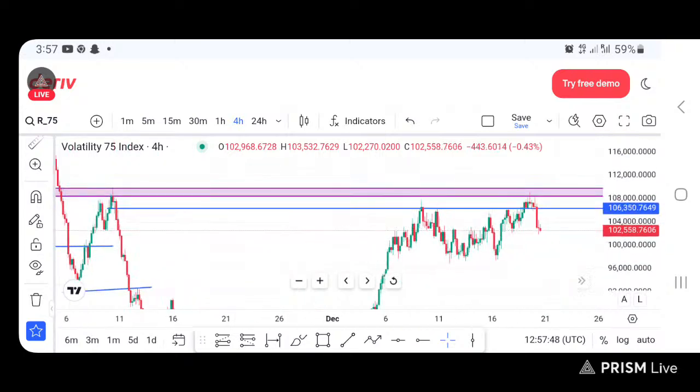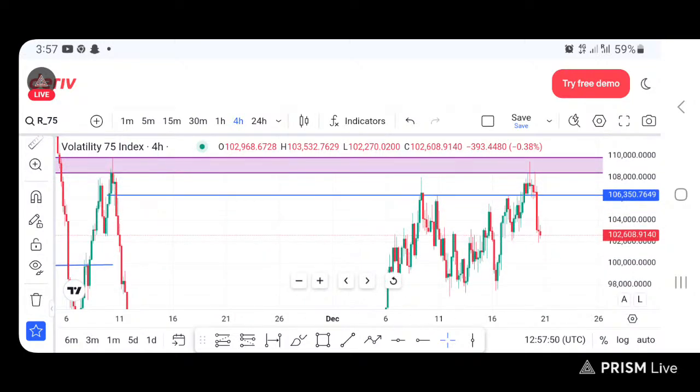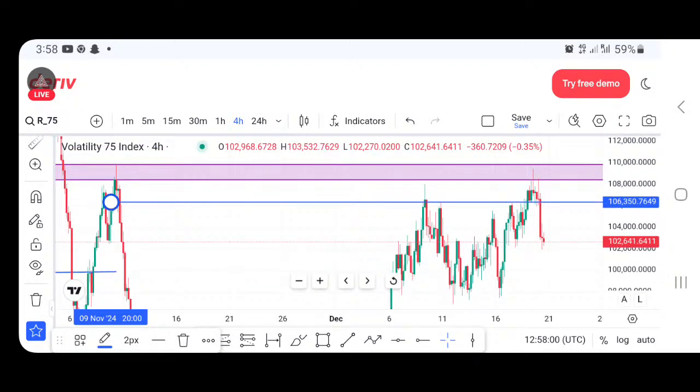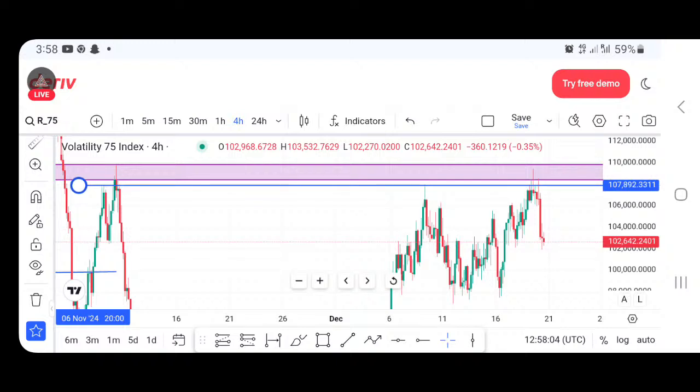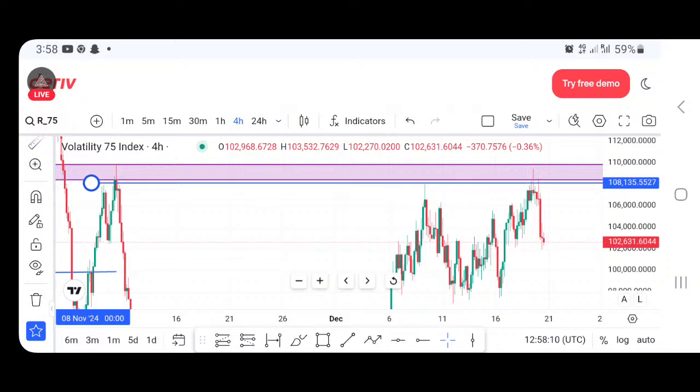The market came here and filled this order block, pushed down a little bit, and then came back for the second time to take off the early sellers. You know, these guys, they don't want us to make money, so we always have to be careful.